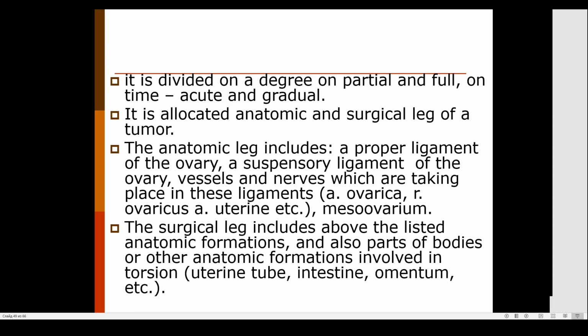The surgical leg includes the above-listed anatomic formations and also parts of organs or other anatomic formations involved in the torsion: the uterine tube, intestine, omentum, and other organs or parts of organs included in the torsion.